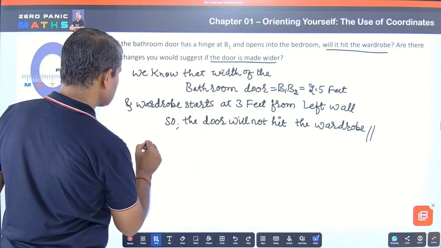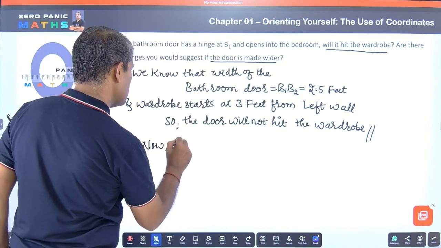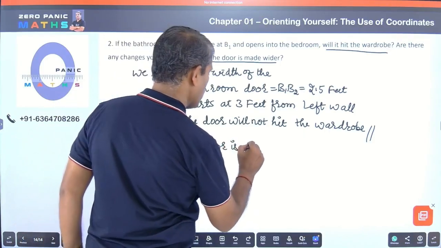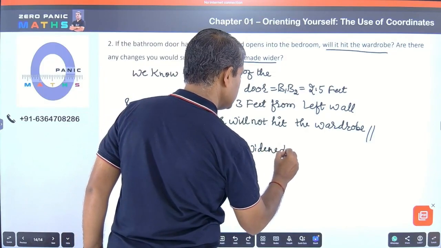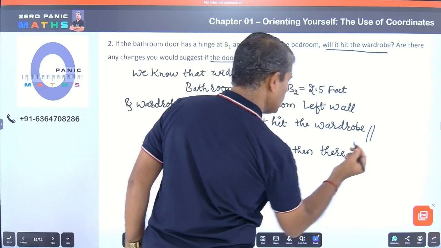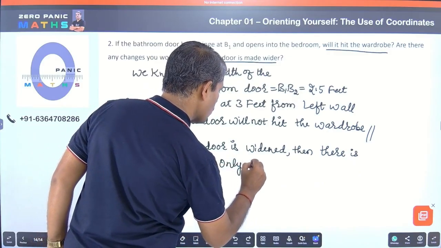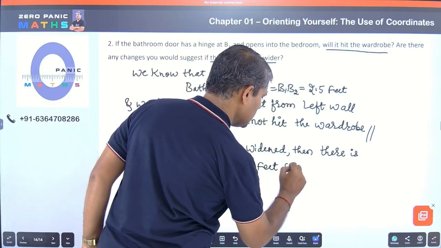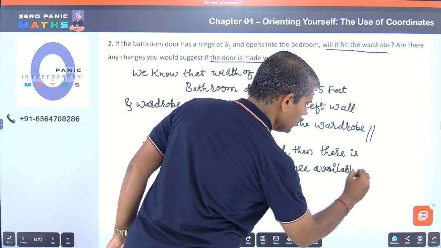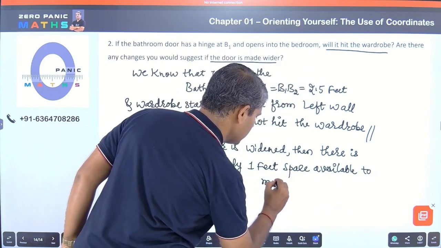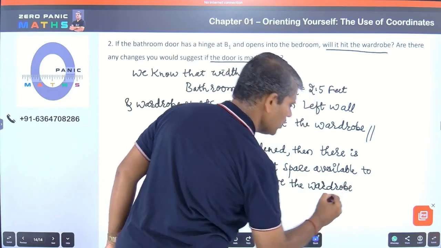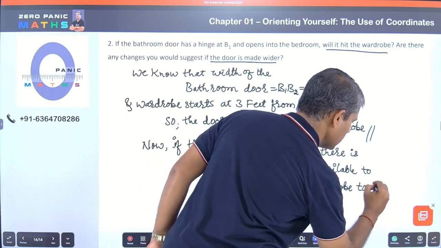Okay, and finally, you can say, if the door is widened, then there is only 1 foot of space available to move the wardrobe to the right side.